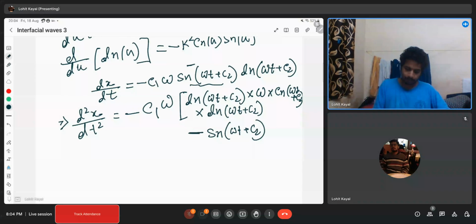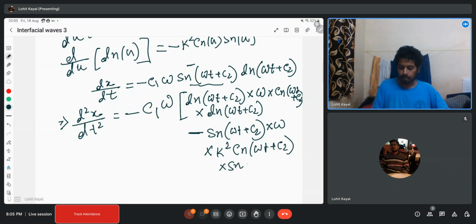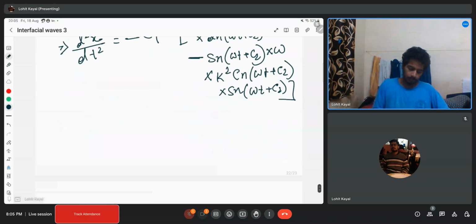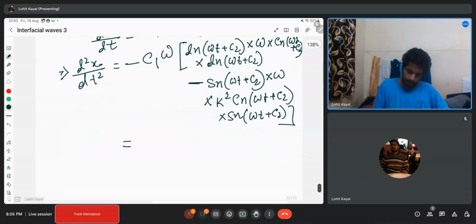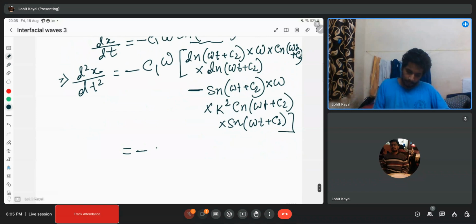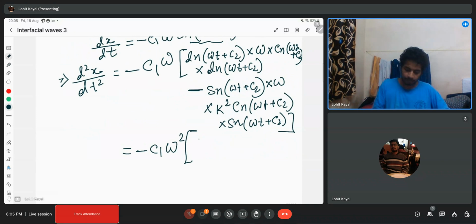So it is minus sn(omega t plus c2) into omega into k square into cn(omega t plus c2) times sn(omega t plus c2), equal to minus c1 omega square. Let's simplify this. This is already a very complicated expression.